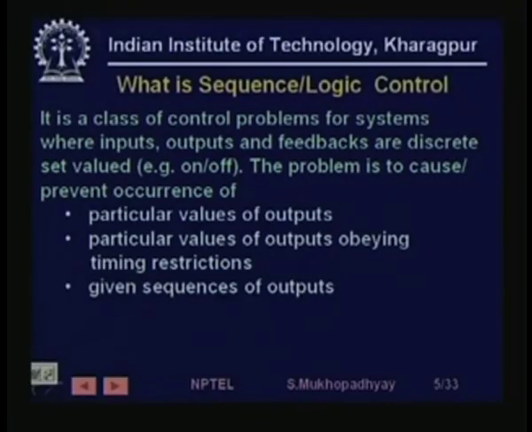We might also like some given sequences of outputs. So for example, let's take a buffer where some machine is producing parts and then putting them in the buffer, and the buffer from time to time gets emptied.